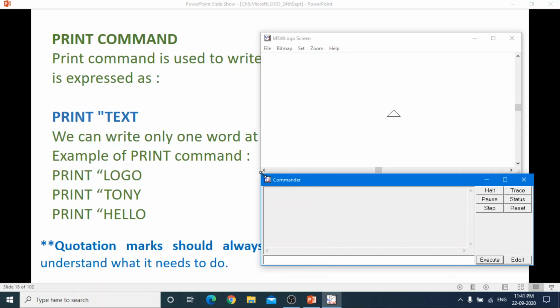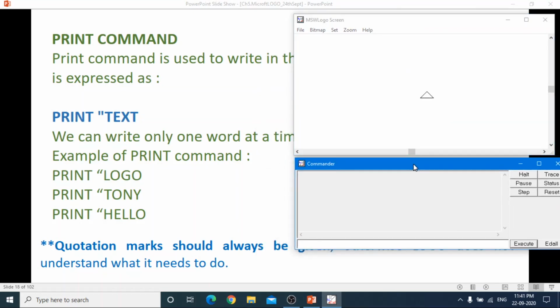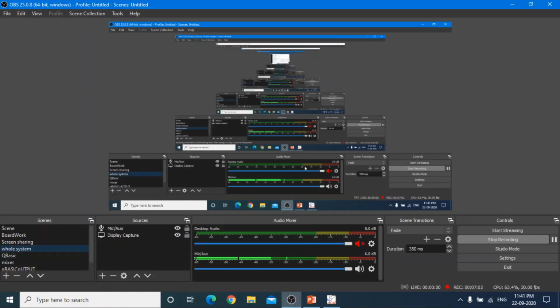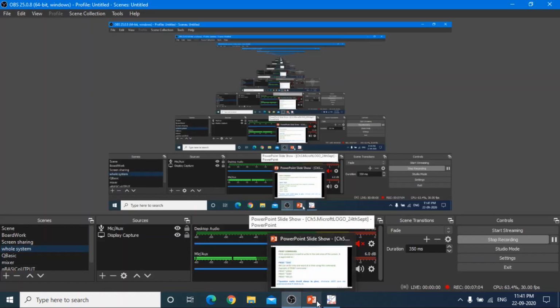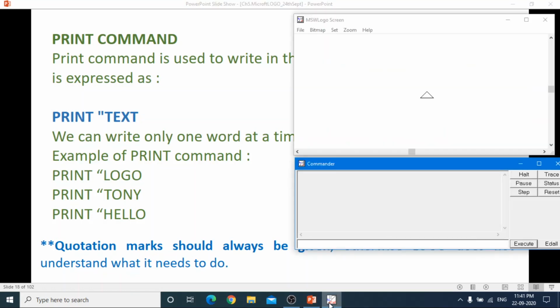Let me adjust this. Let's check the repeat command one time.